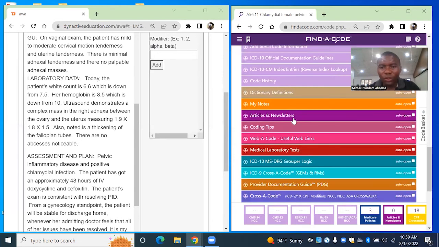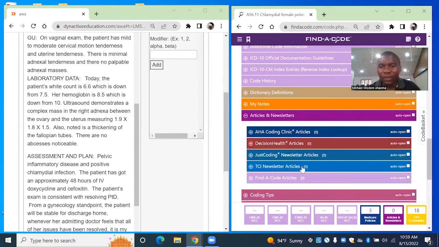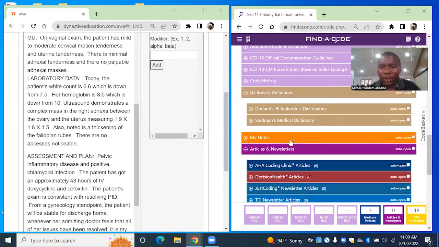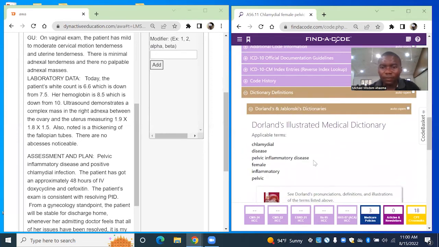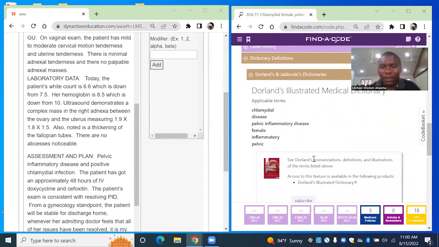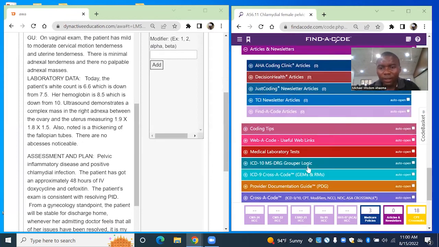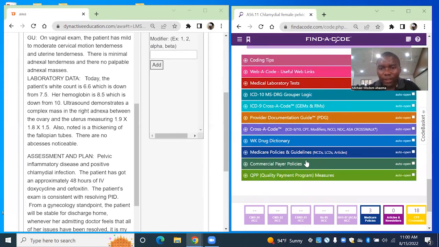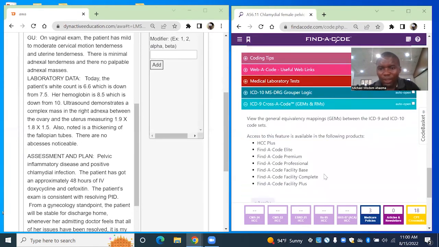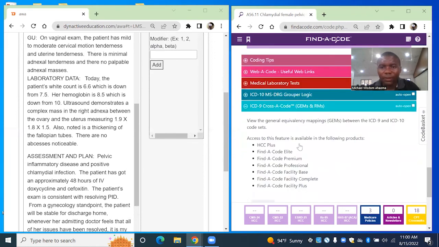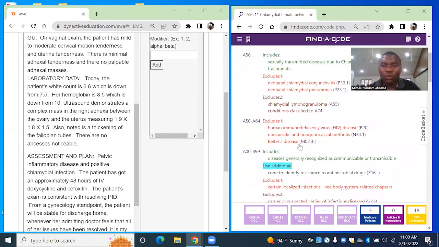If you want to go to CPT assistant, please take note here, but there is no information provided for this code so far. You can go to the dictionary here: chlamydia disease, pelvic inflammatory disease, female, inflammatory pelvic. Feel free to open anything that you want to open. The ones that are subscribed will open for you.